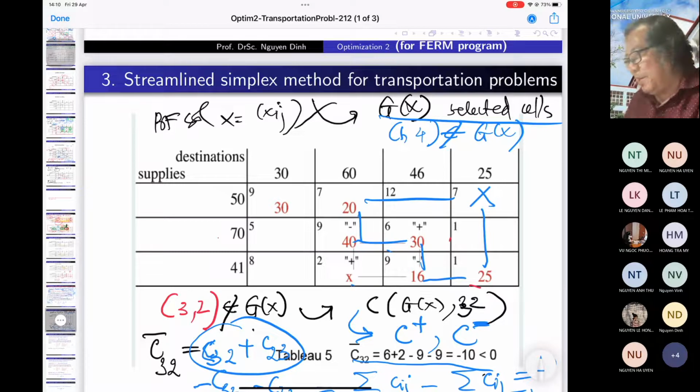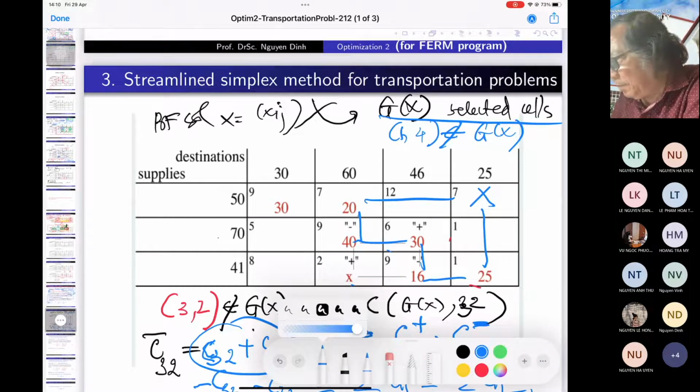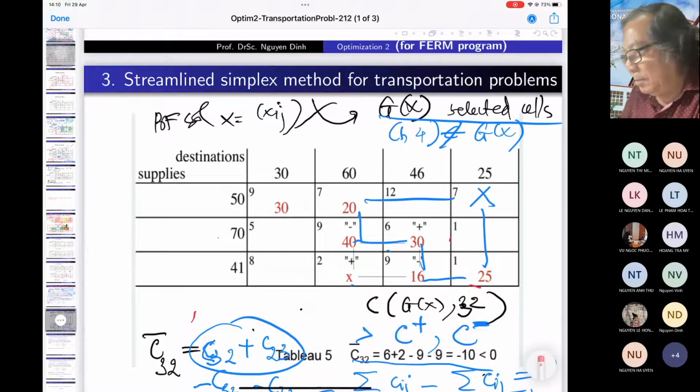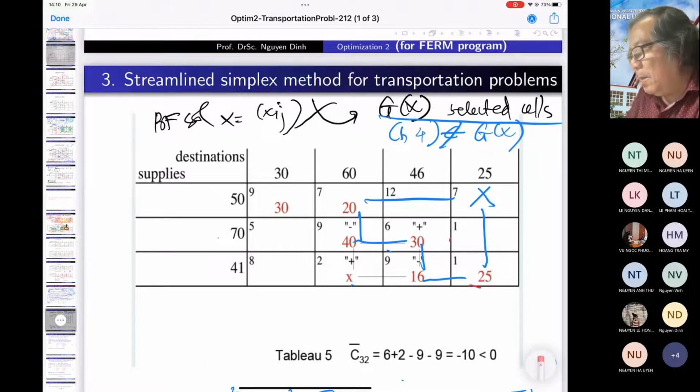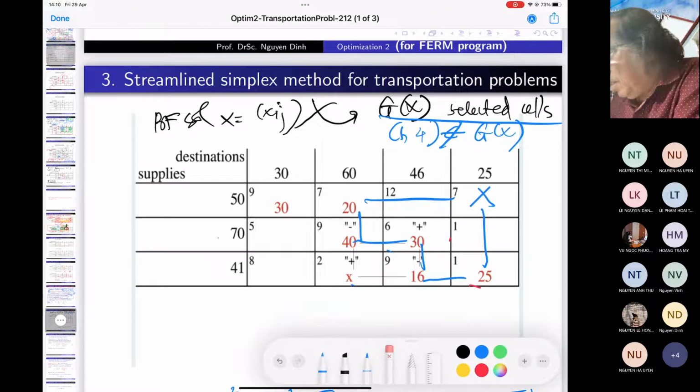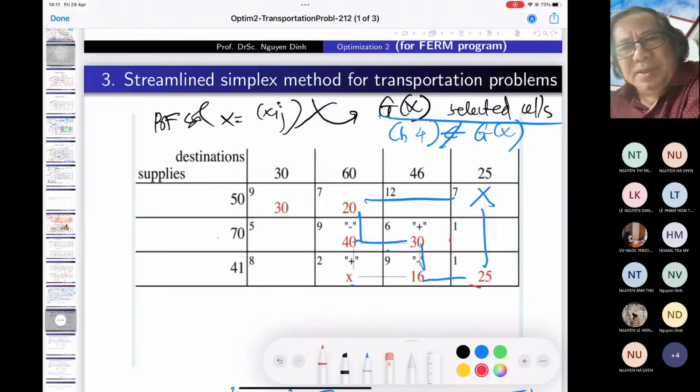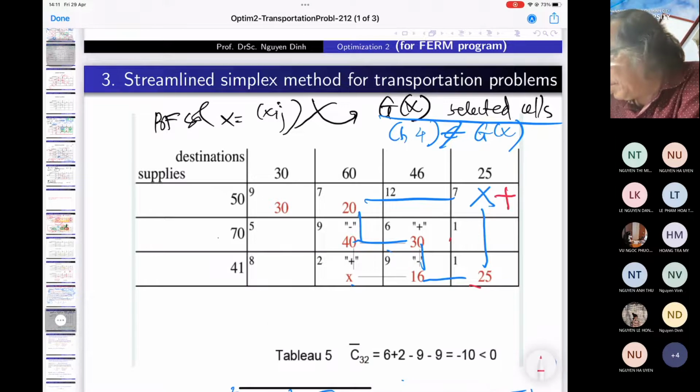Now I ask you, with this cycle, the cell I enter will always be plus, and 2, 5 here is minus: plus, minus, plus, minus, and then plus.